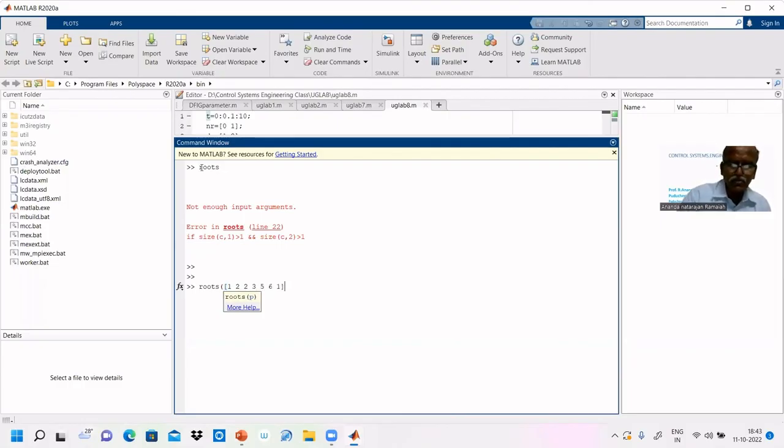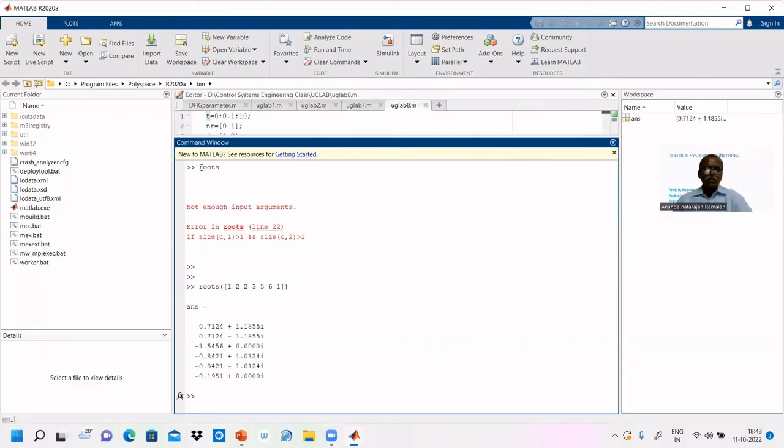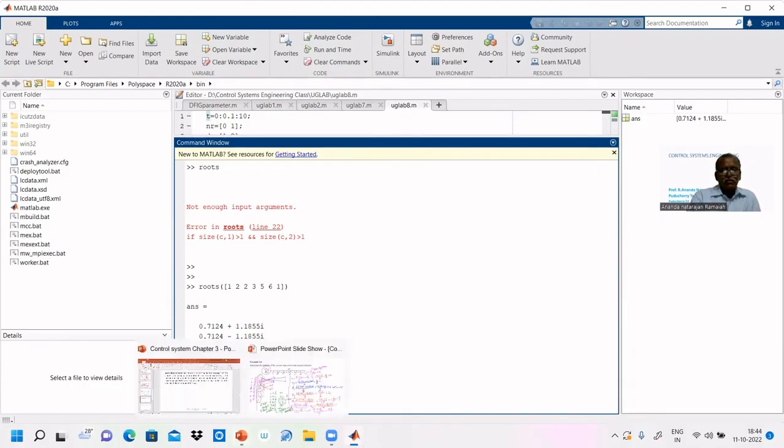That's all. As a row of elements, we pass them to roots. Immediately, it gives the roots. You see that only 2 roots have positive real parts. The remaining 4 have negative real parts. Therefore, 2 roots on the right hand side.